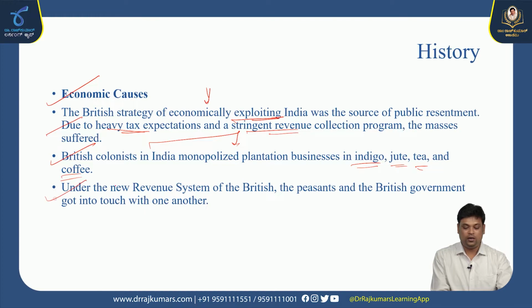Under the new revenue system of the British, the peasants and the British government came into contact with one another. For example, the revenue settlements introduced by the British East India Company were not popular among the population of India, such as the Zamindari system, Ryotwari system and Mahalwari system.